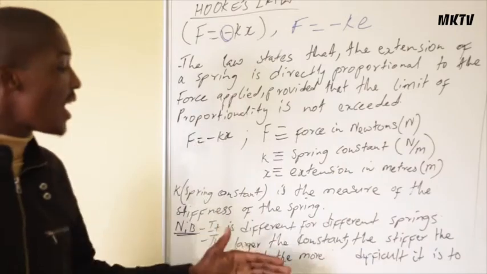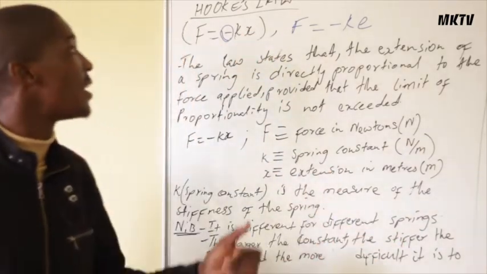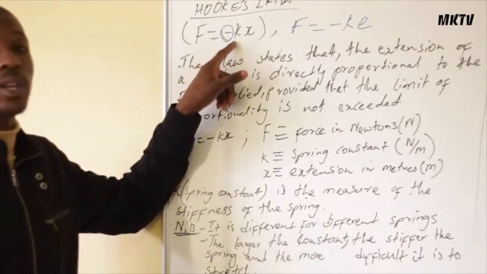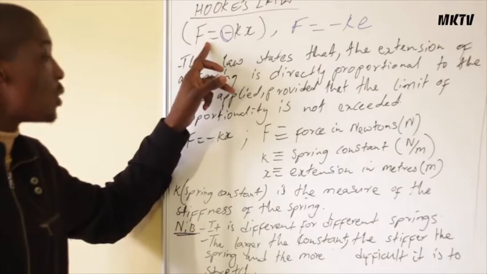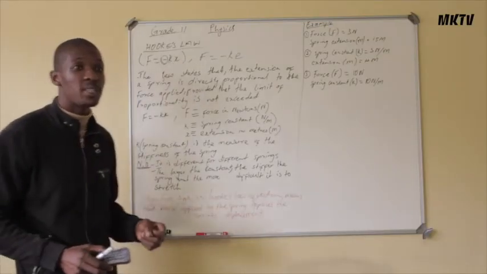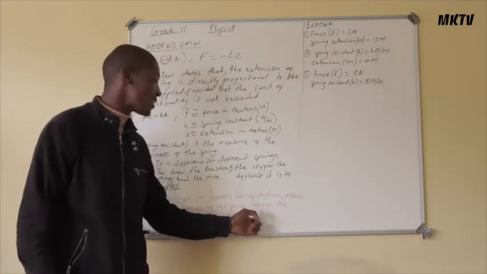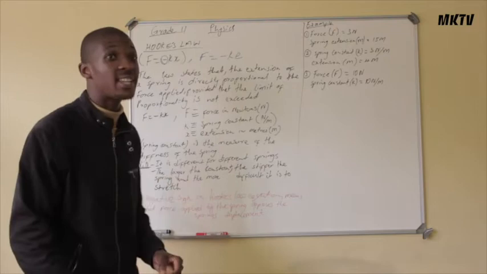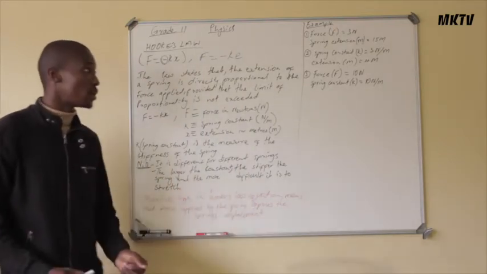That says we have a positive displacement being given. Then the negative sign only means that the force being applied is in a different direction from the displacement. Remember, the displacement is also classified under the vector quantities, so it has direction and magnitude.